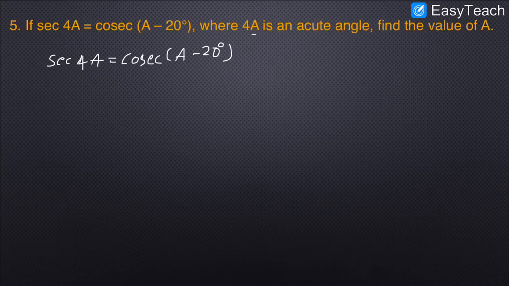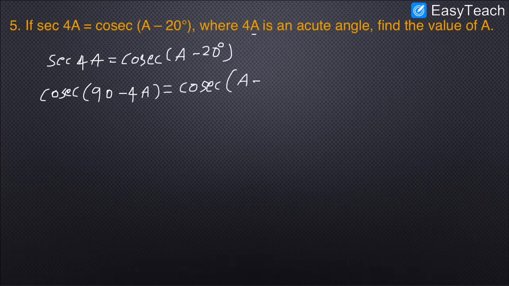So cosec, already we have cosec a minus 20. Let's cancel these. So 90 minus 4a equal a minus 20. So 90 plus 20 equal a plus 4a. So after that I got a equal 22. Let's move on to the sixth problem.